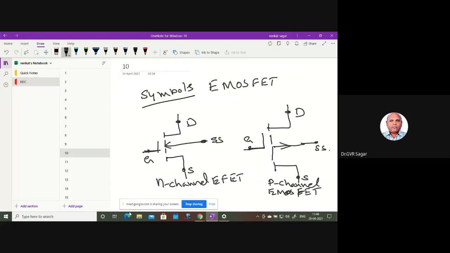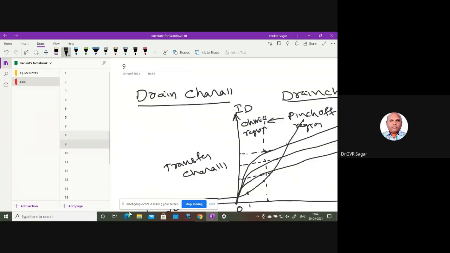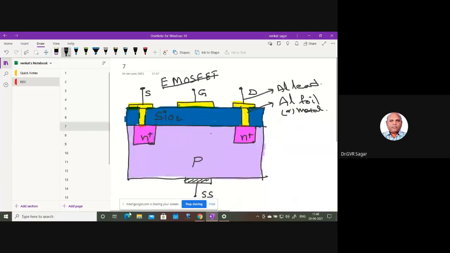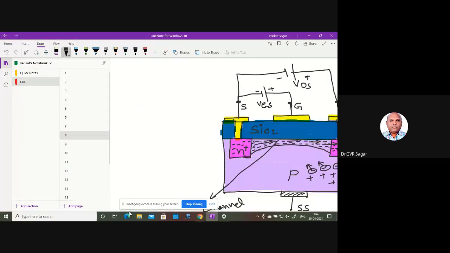Okay. So this is the construction, symbol, and this is the transfer characteristics, and this is our construction, and this is operation of a FET.